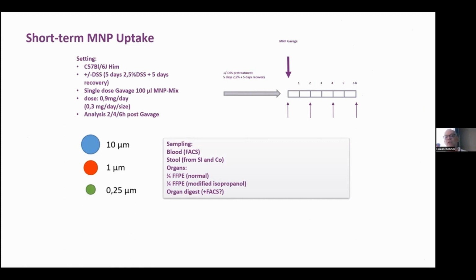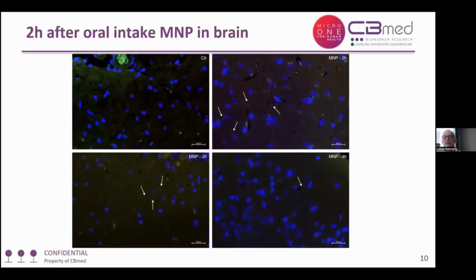We fed the mice with polystyrene particles of different sizes: 10 micrometer, 1 micrometer, and 0.25 micrometer, with different colors, and we fed them into normal mice. What we saw is that already after 2 hours of oral intake, those plastic particles were in the brain.